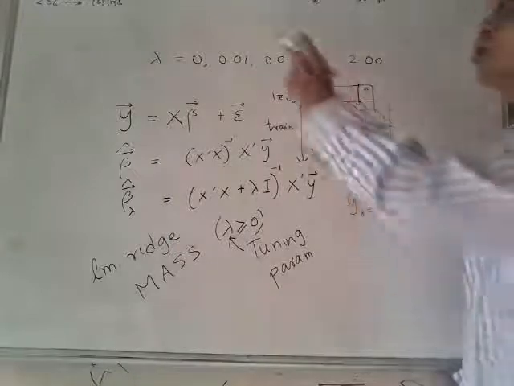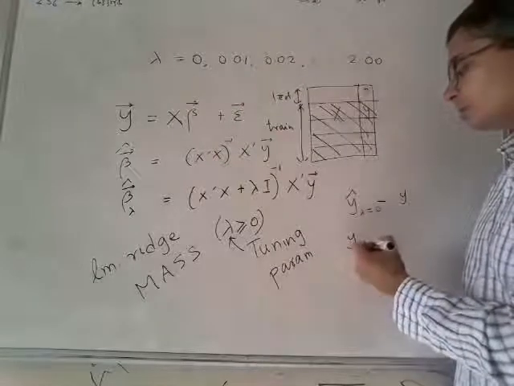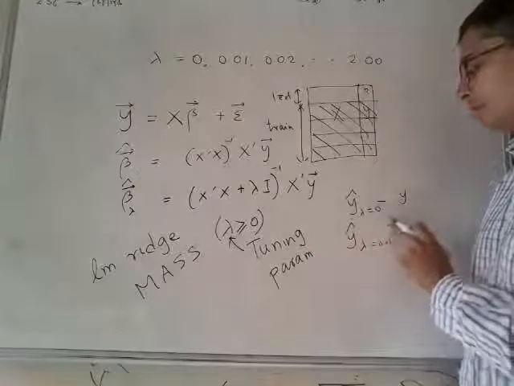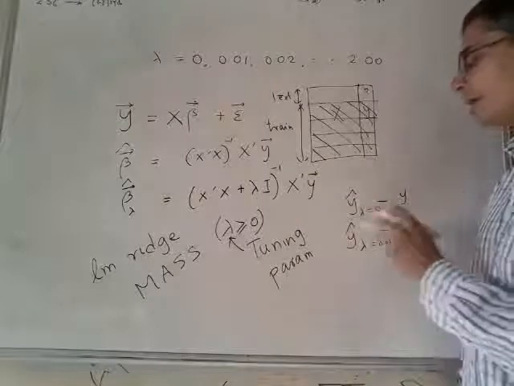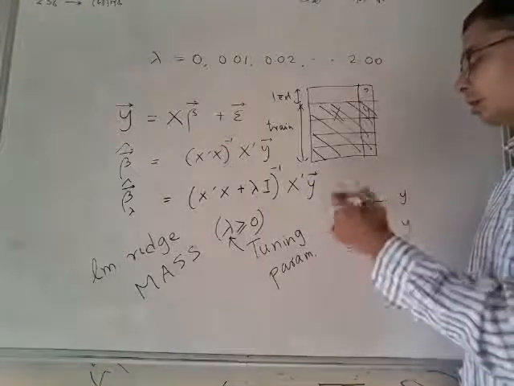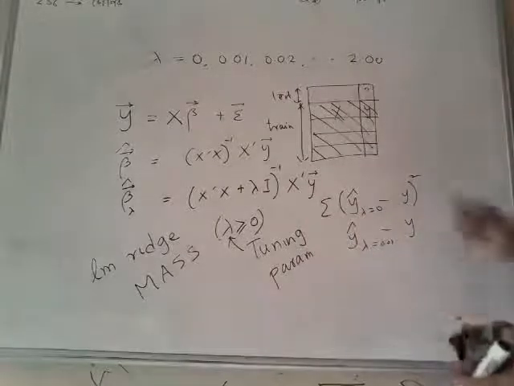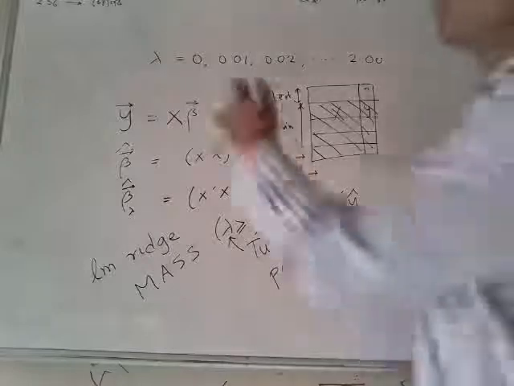Now again I will go to lambda equal to 0.01. I will again do the same thing, predict and then compare it with the true values. In this way I will get one comparison value. I am just doing a square and sum and something like that, so I am reducing it to a single number. So I get a single number for each one of them.